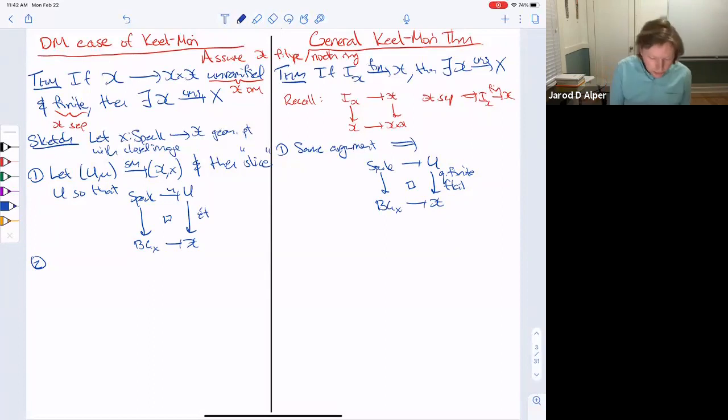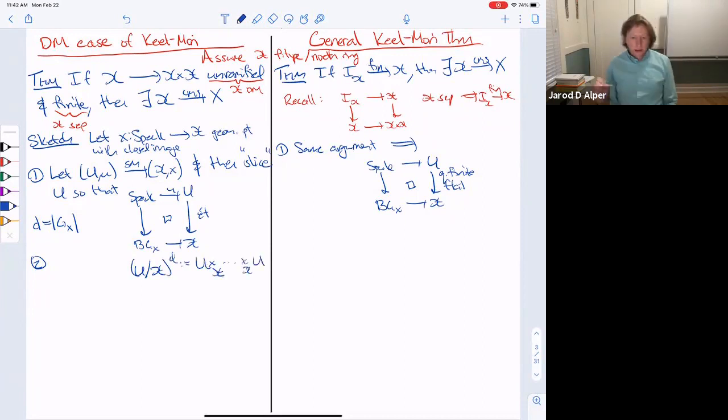And it worked as follows. Let d be the size of the stabilizer group. It's a finite group, an abstract finite group. And then we considered the d-fold fiber product of U over X, which is just U over X, dot, dot, dot. And then we removed all of the diagonals.